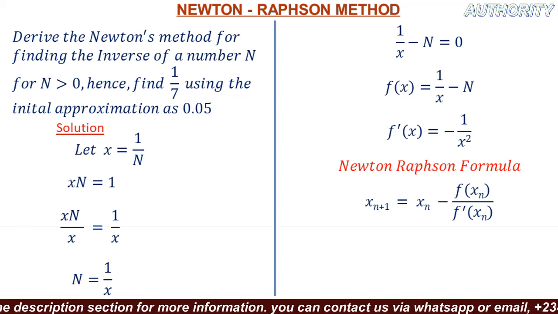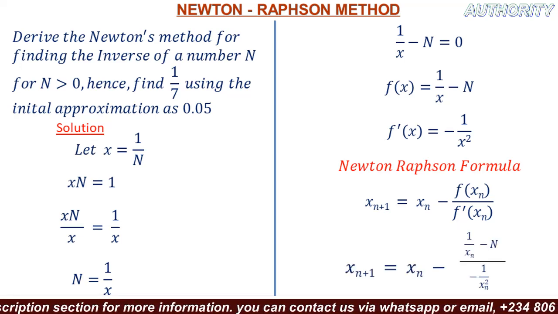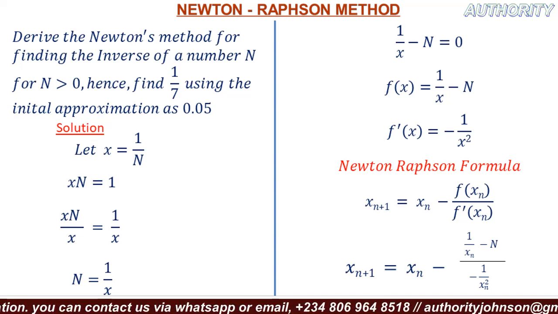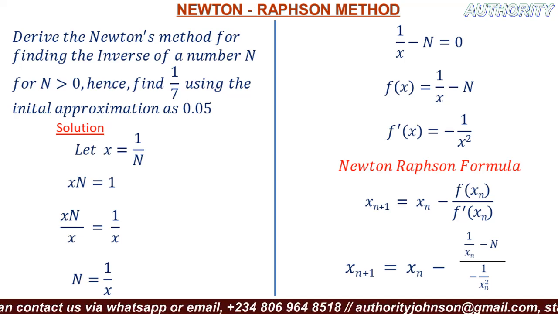So placing them properly, we are going to say that we have xn plus 1 is equal to xn minus, in place of f of xn, we write 1 all over x minus n, and then all over, in place of f prime of xn, we have minus 1 all over x squared.